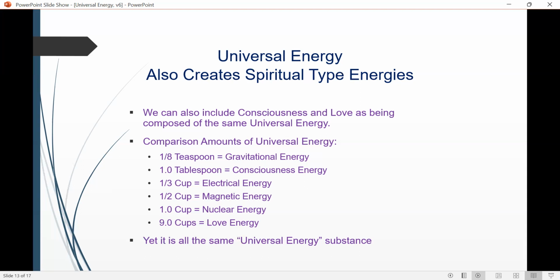So just keep this in mind. This is reality, and the sizes here in comparison to flour, the teaspoon, tablespoon, and cups, are relative sizes of the amounts of universal energy in each one.